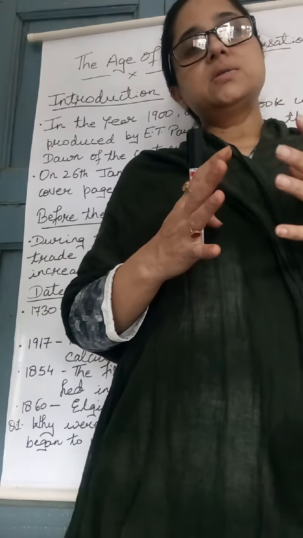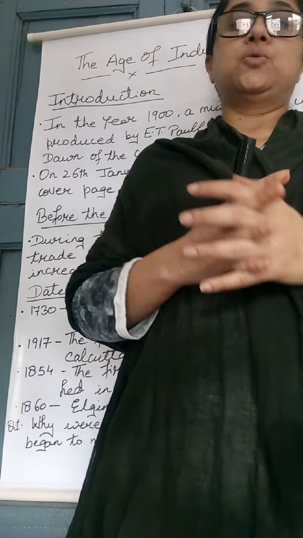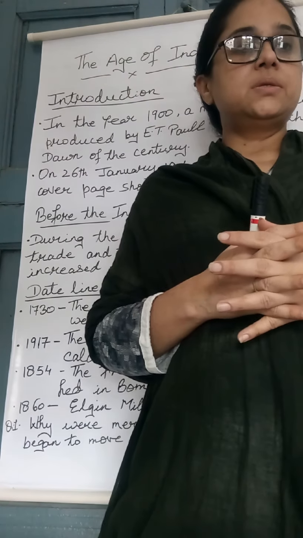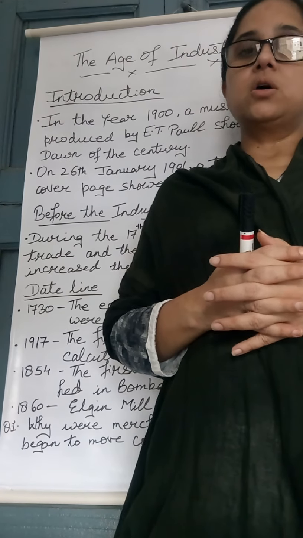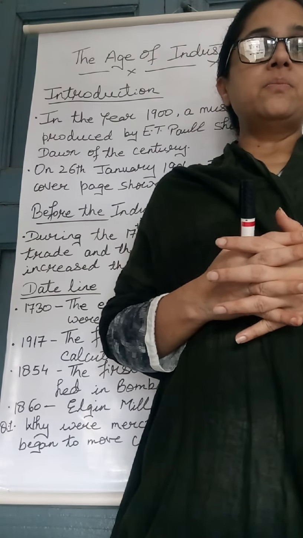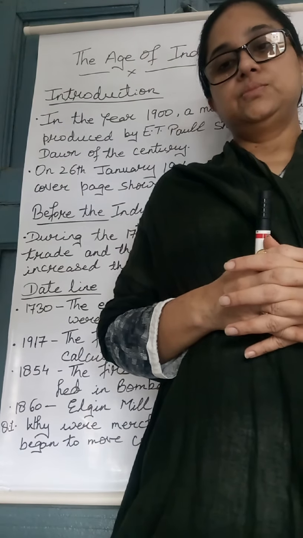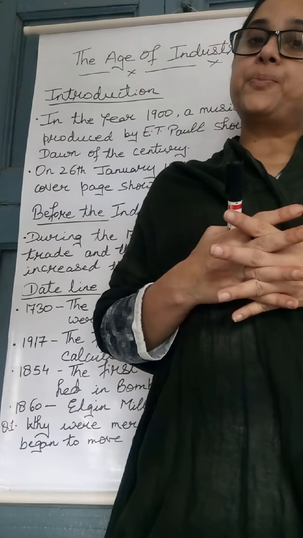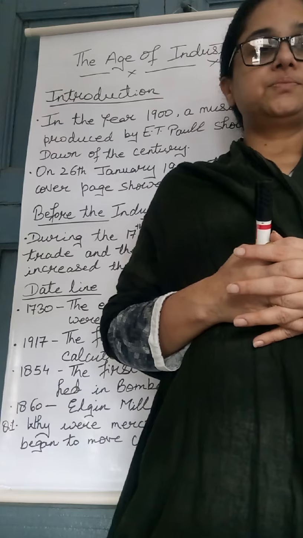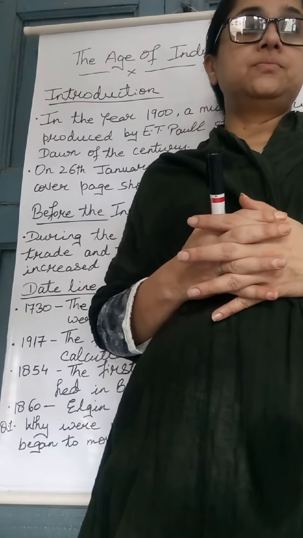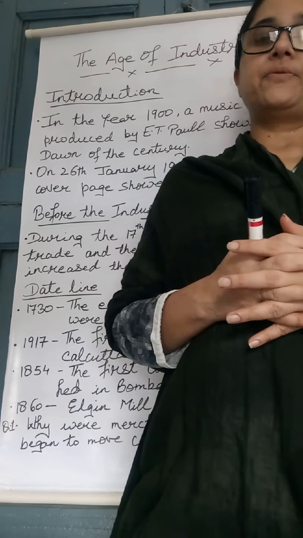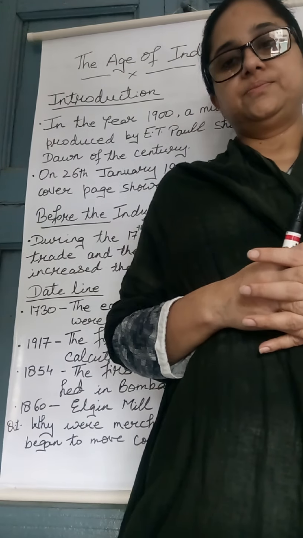Now, before the Industrial Revolution, what is the meaning of proto? Proto means indicating the first or early form of something. Now, what is the meaning of proto-industrialization? Period before or beginning of industrialization.